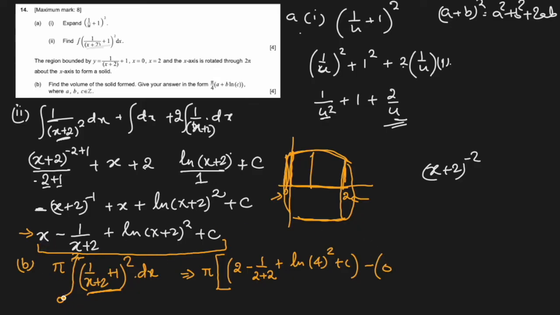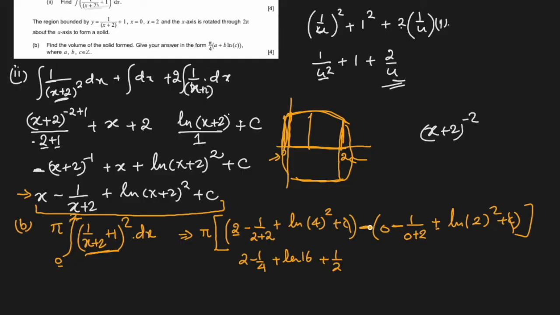We have to substitute 0 also: 0 minus 1 over (0 plus 2), plus natural log (0 plus 2) square, plus c. First thing first, c cancels out. So 2 minus 1/4 plus ln 16, minus... this negative and this negative will be positive, so plus half, but this minus will make it negative, minus natural log 2 square is 4.